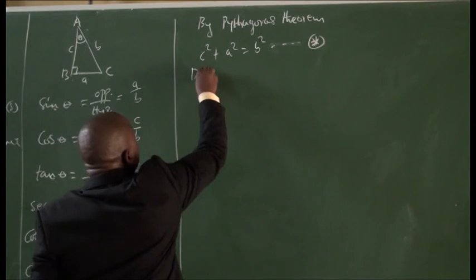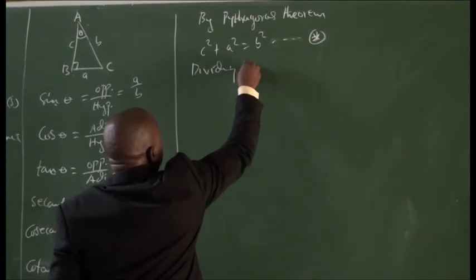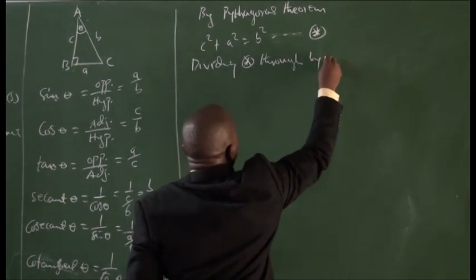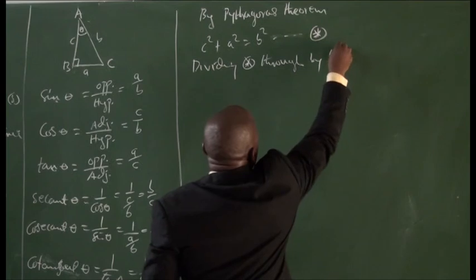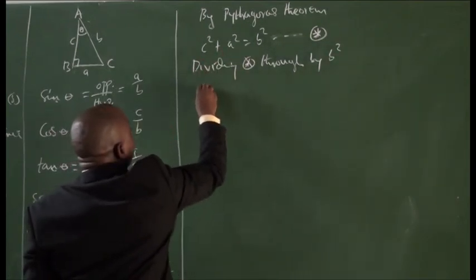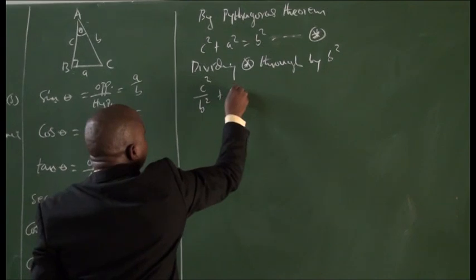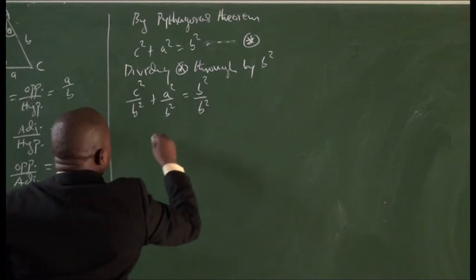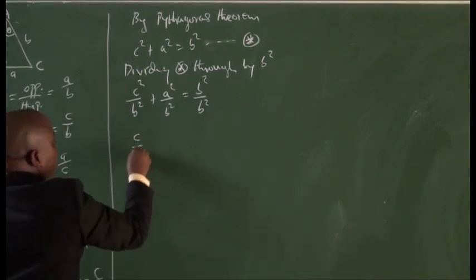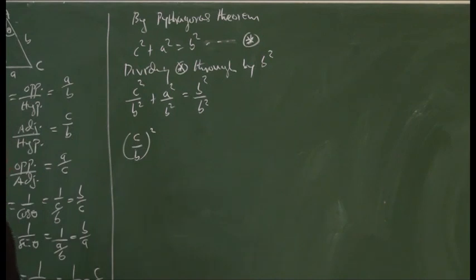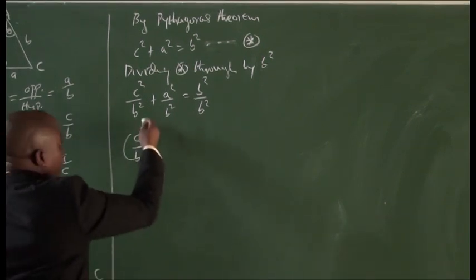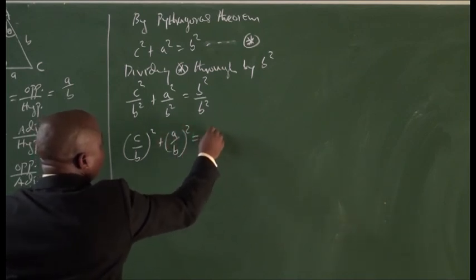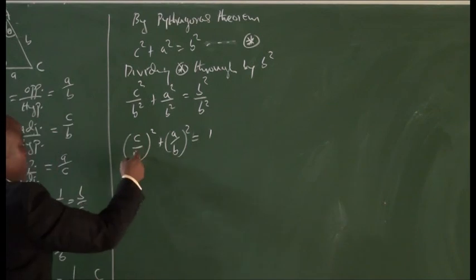Okay, dividing through by B square, we have C square over B square plus A square over B square equal B square over B square. And then this could be written as C over B all squared plus A over B all squared equal 1.